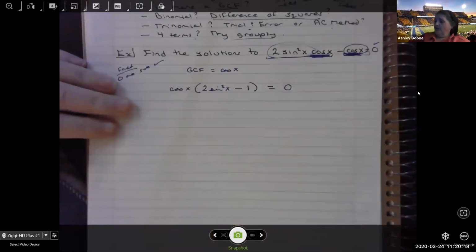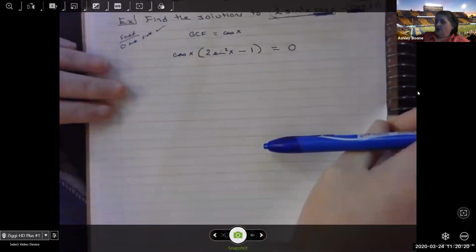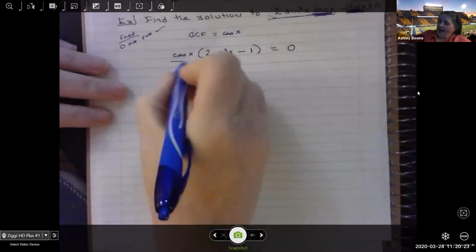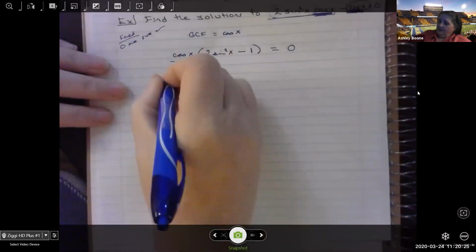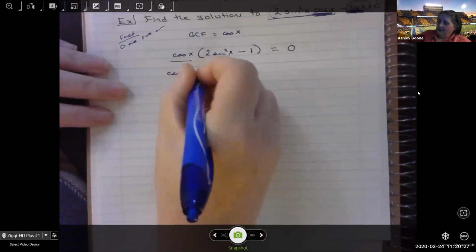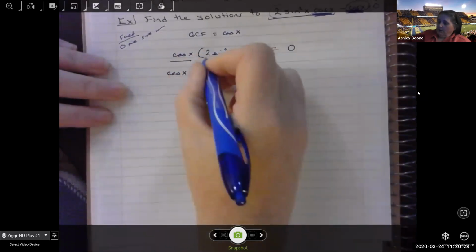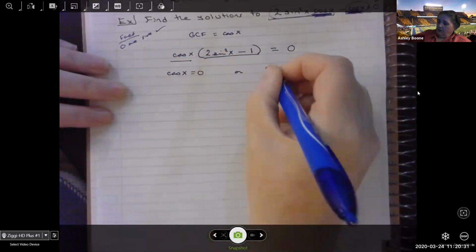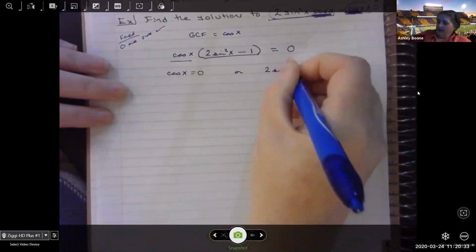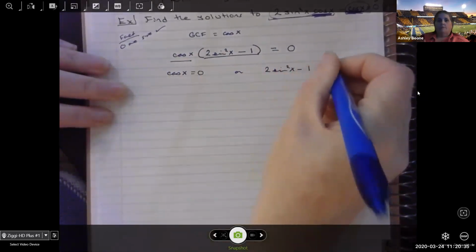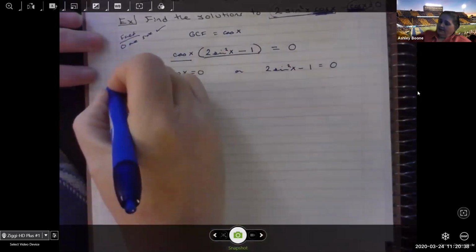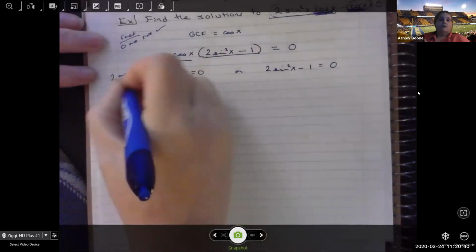And when you're solving by factoring, what you do is you take each factor and set it equal to 0. So either cosine of x is equal to 0 or 2 sine squared x minus 1 is equal to 0. So we have two cases here that are going to give us solutions.